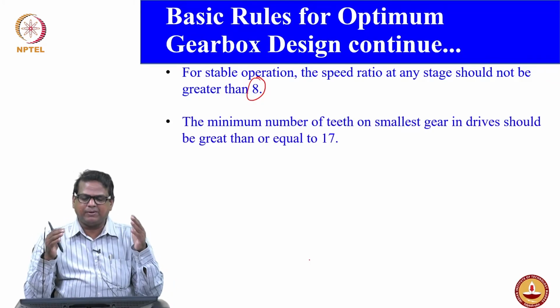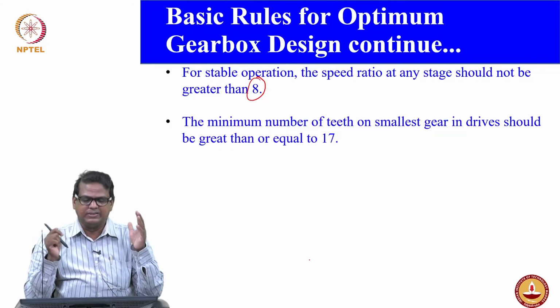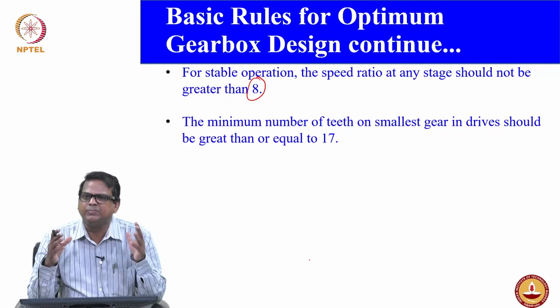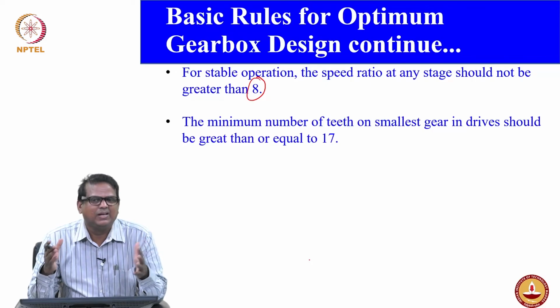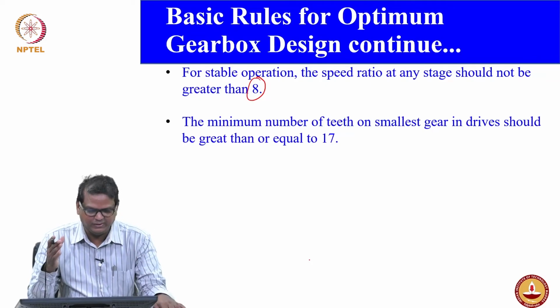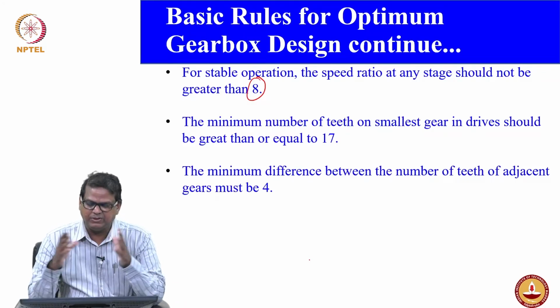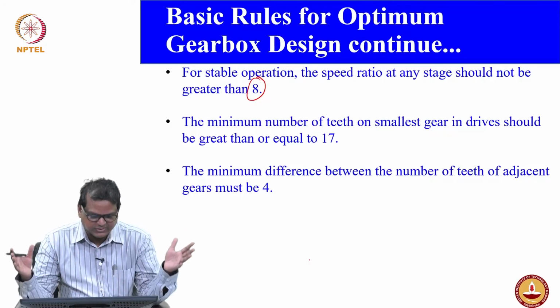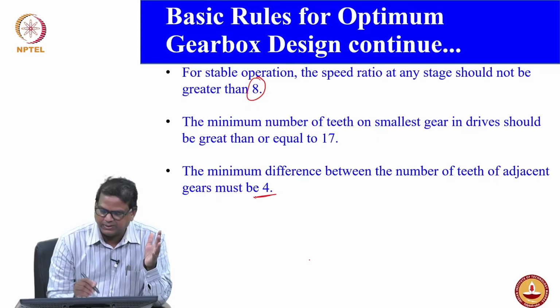The minimum number of teeth on the smallest driver gear should be greater than or equal to 17. This is to avoid interference. And the minimum difference between the numbers of teeth of two adjacent gears must be at least 4.